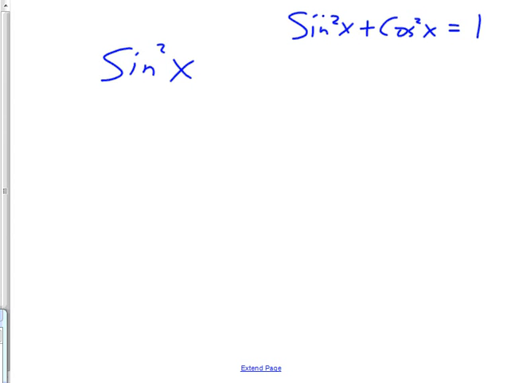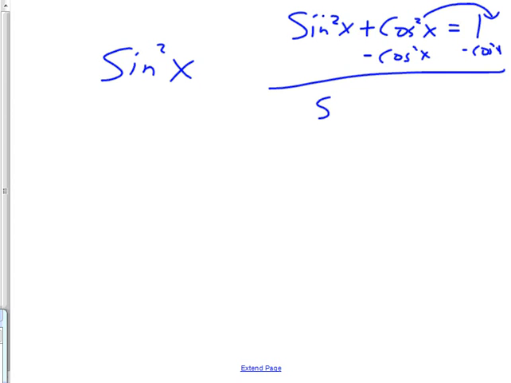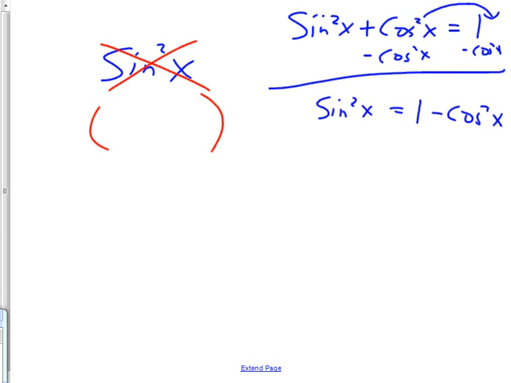Do you get how? Yeah, I could move this over to the other side and get sine alone. And I'd have sine squared x would equal 1 minus cosine squared x. That's one of the tougher ones for kids to do. So you replace this with 1 minus cosine squared x.